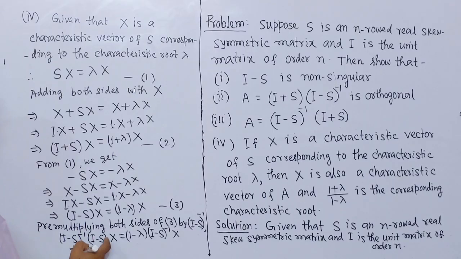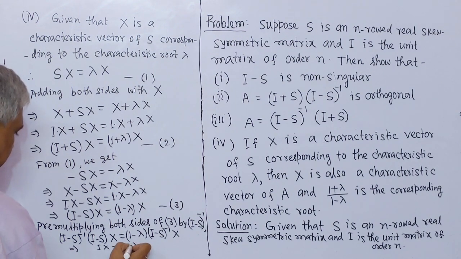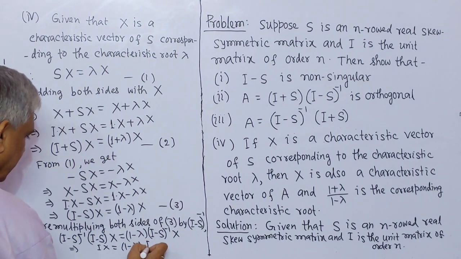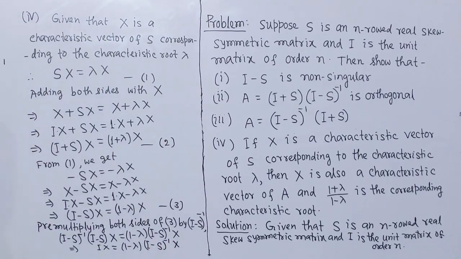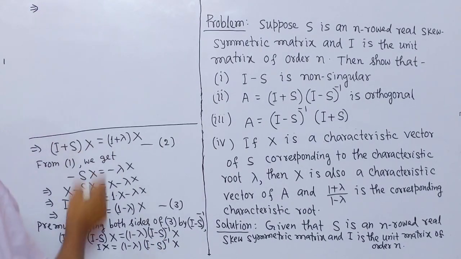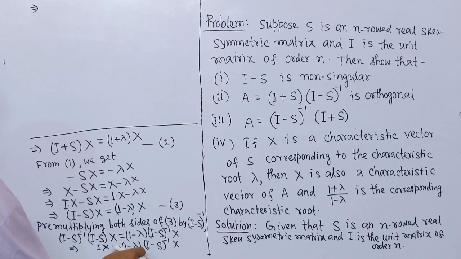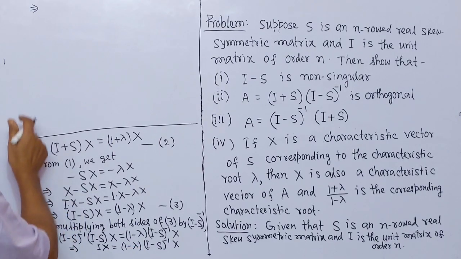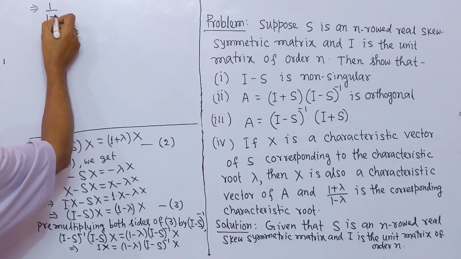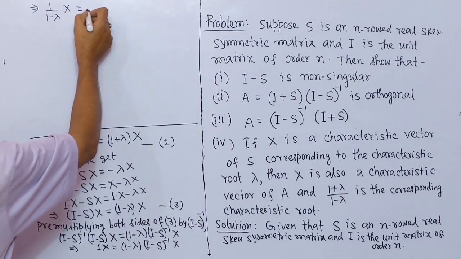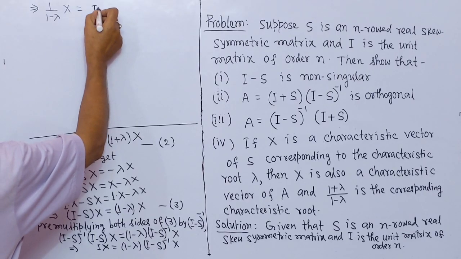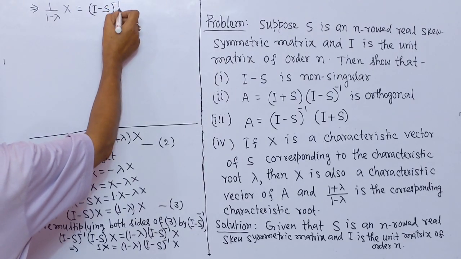It implies that this is the unit matrix, so Ix equals (1 minus lambda)(I minus S) whole inverse x. It implies that, taking 1 minus lambda to the left side, 1 by (1 minus lambda) x equals (I minus S) whole inverse x.